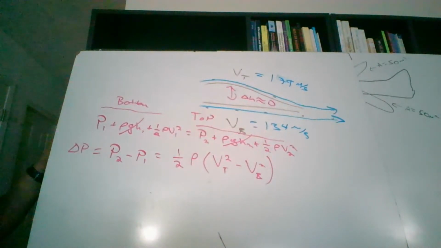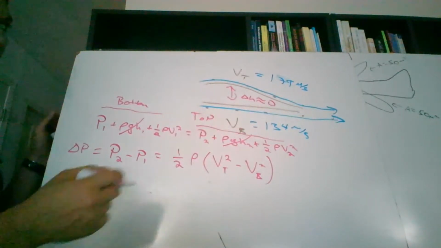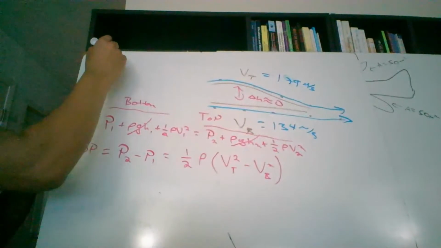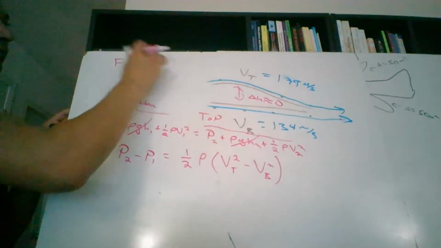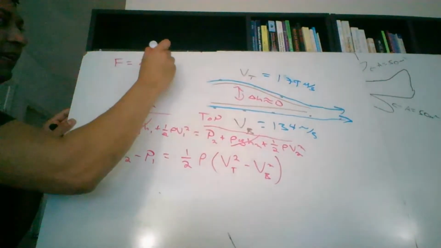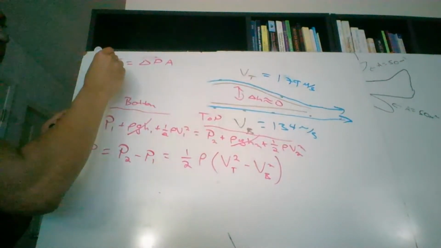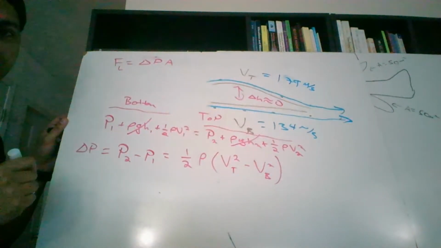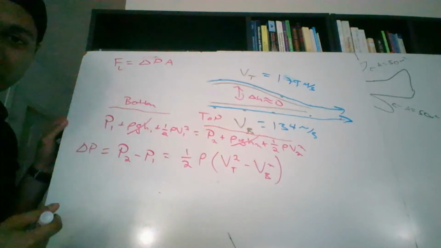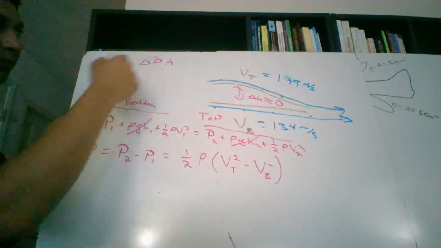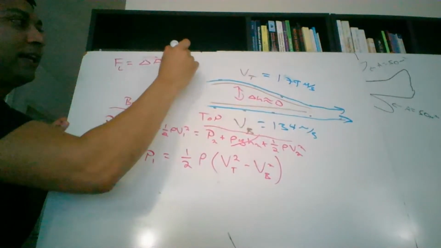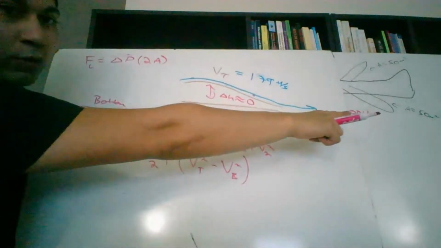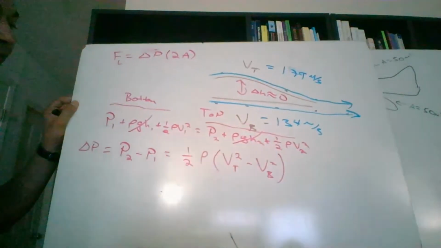And so what you can see, because we have this equation, force is equal to delta P times the area. That's going to give us the lift force. This is from that question that we did with the roof. It's going to be delta P times A, but in this case, it's going to be 2 times A because we have a wing here and the wing on the other side.